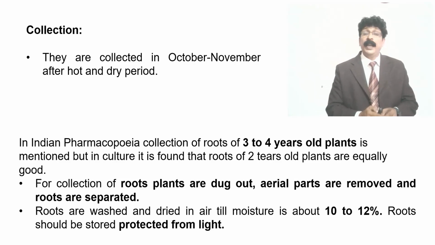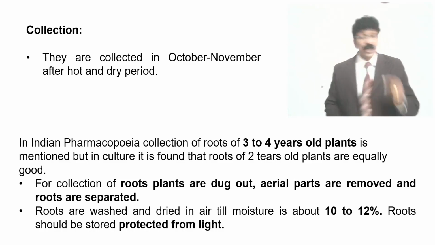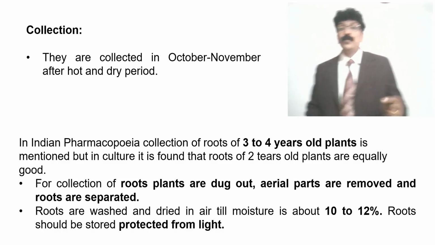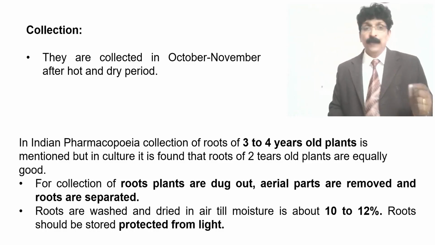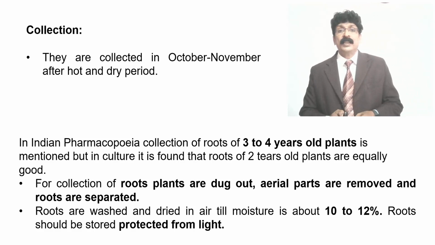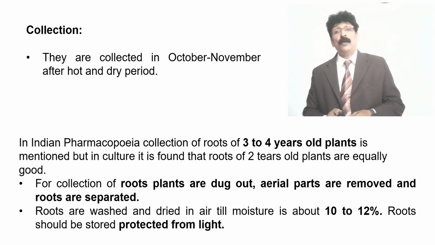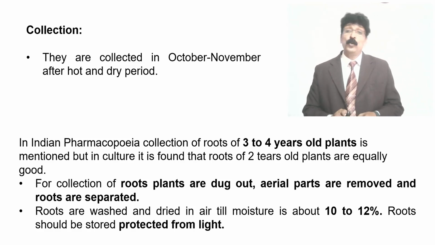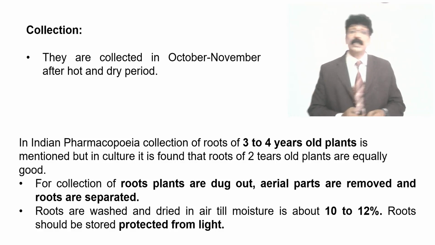In the Indian pharmacopoeia, collection of roots of 3 to 4 year old plants is mentioned, but in culture it is found that roots of 2 year old plants are equally good.